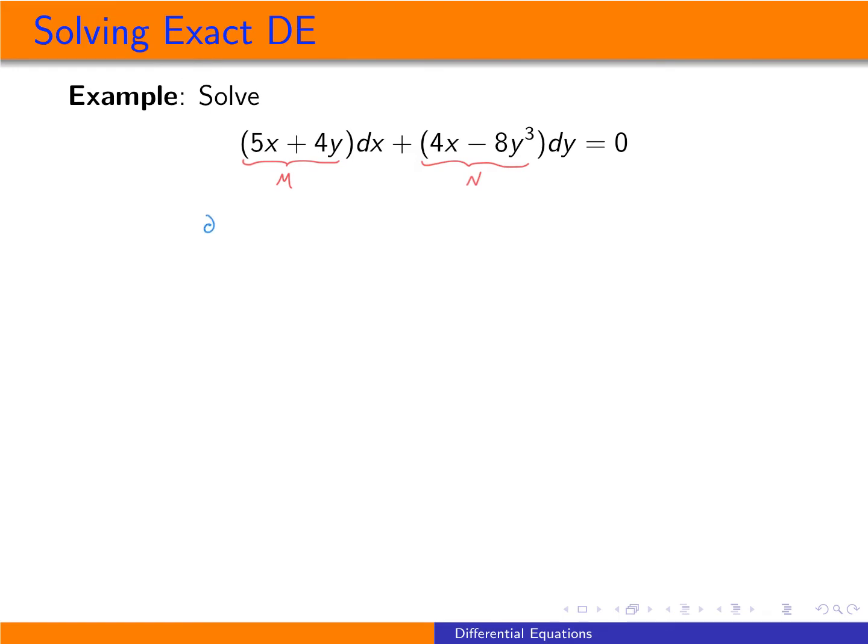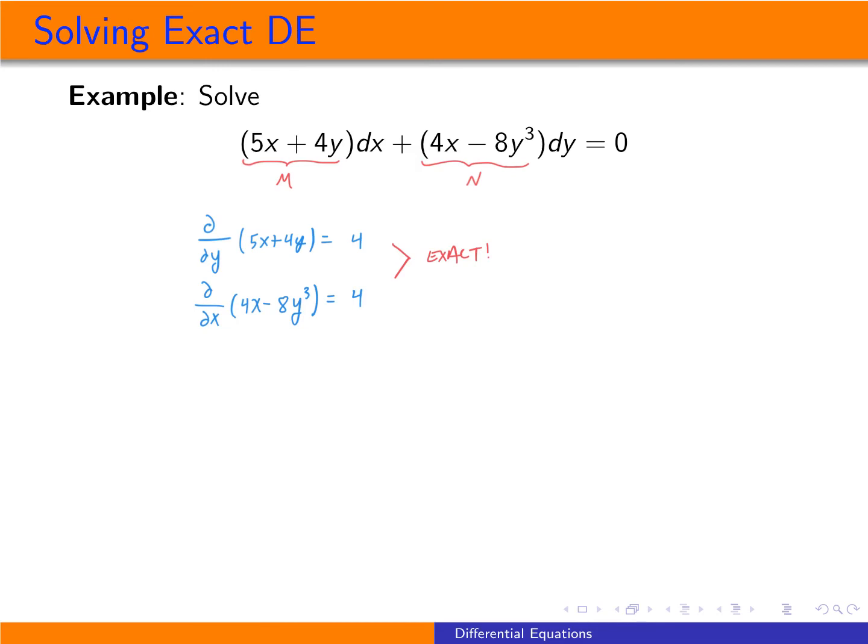Take the quantity paired up with the dx and find its partial with respect to y. And take the quantity paired up with the dy and find its partial with respect to that opposite variable x. These are quick, efficient partials. Well, we have 4 and 4, so no surprise for this video, this turns out to be an exact differential equation.